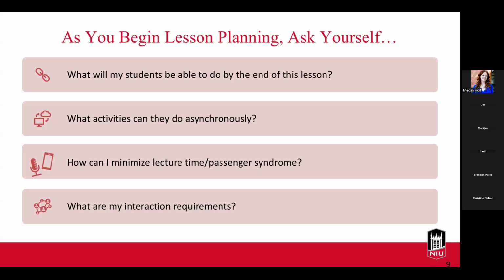Your time with them is very limited, so you want to make the most of it together. So, what are some things that they could do asynchronously? They could do reading before they come to class. They could watch recorded lectures. And that way, instead of going through PowerPoint lectures during your synchronous course, now you can work on group activities. So, do you have podcasts? Is there anything like that that they can do? So think about those questions.